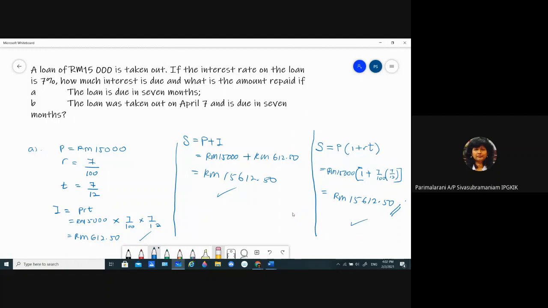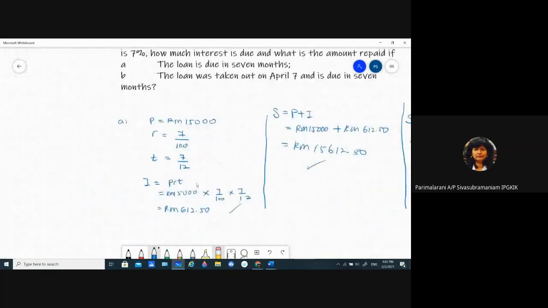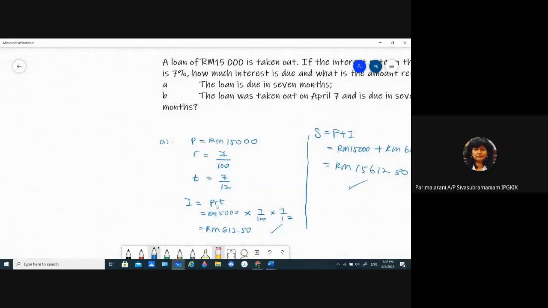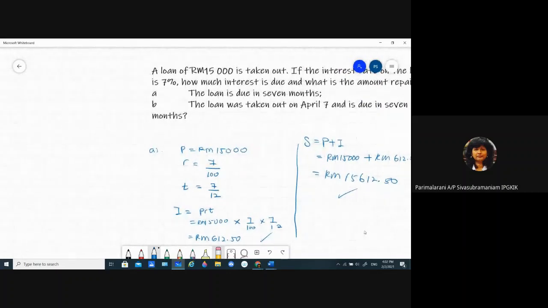Okay, this is part A. Now let's look at part B. They ask you, part B, the loan was taken out on April 7 and is due in 7 months. The loan was taken out on April 7 and is due in 7 months. So what does it mean?